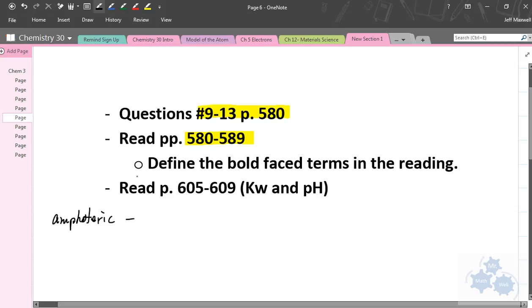So amphoteric, also anhydrous is another word that you're going to need to know. Anhydrous simply means, if you look on page 582, without water. So anhydrous is not water containing.